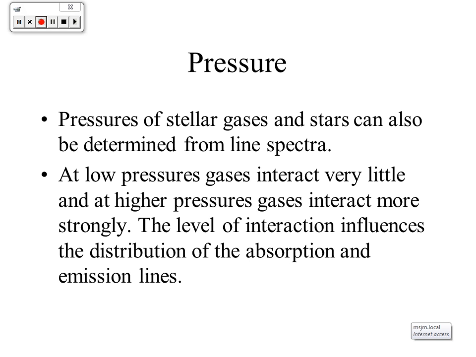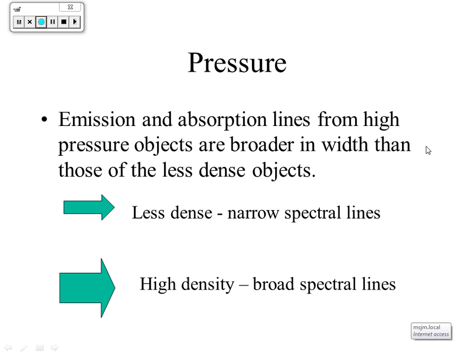The last thing that we can measure is its pressure and the density, the amount of push in the star is undergoing. And the way that this is done is simply by looking at the absorption lines. Okay? The thickness of the absorption lines just tell you how pressurized the star is.